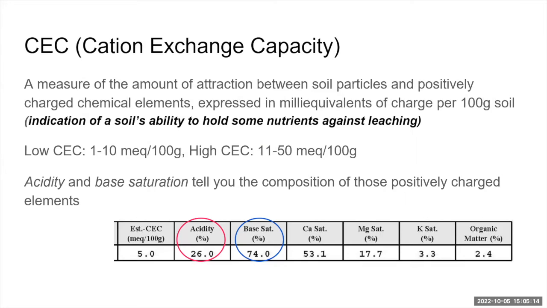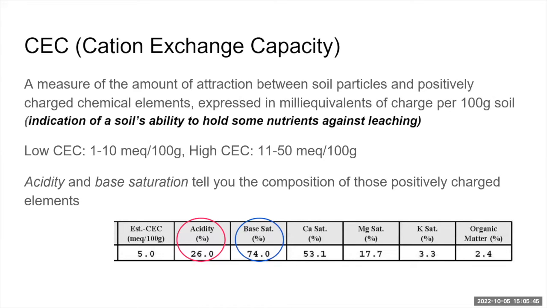Generally speaking, we see CEC values in Virginia between maybe 1 and 12 milliequivalents per 100 grams, just based on how weathered our soils are and the types of clay minerals that are typically found in them. Normally, clay soils are going to have a higher CEC than sandier soils, just because they have more exchange sites for those little cations to hang out on.